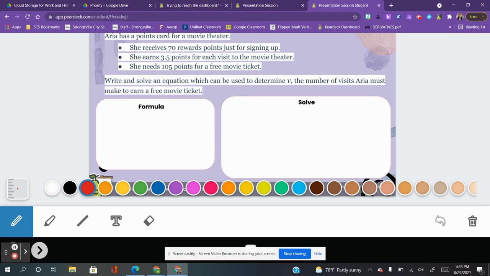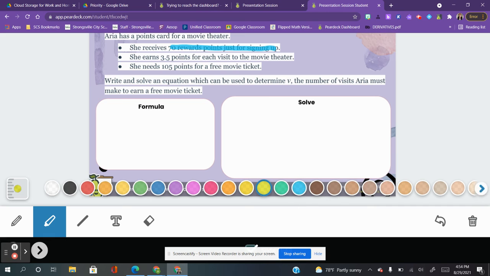Aria has a points card for a movie theater. She receives 70 rewards points just for signing up. That to me sounds like a one-time deal. She earns 3.5 points for each visit to the movie theater. That sounds like every visit I get more points. She needs 105 points for a free movie ticket.